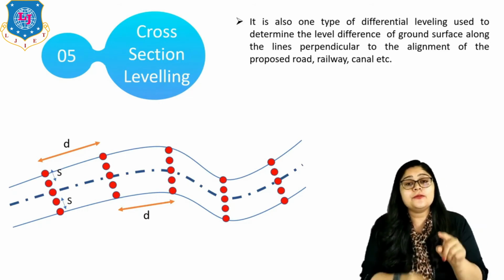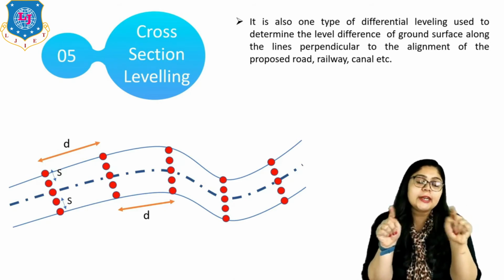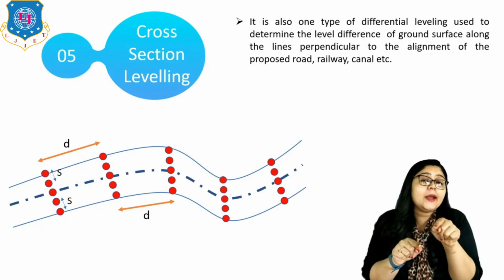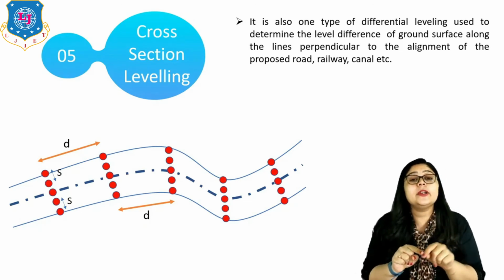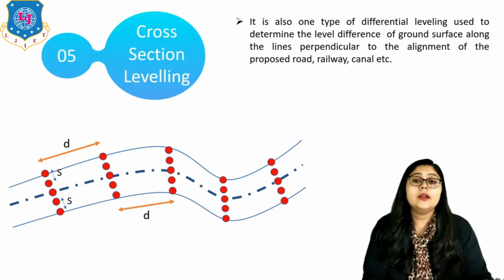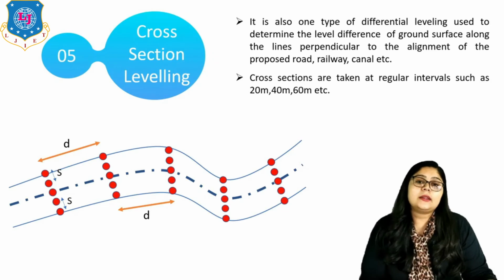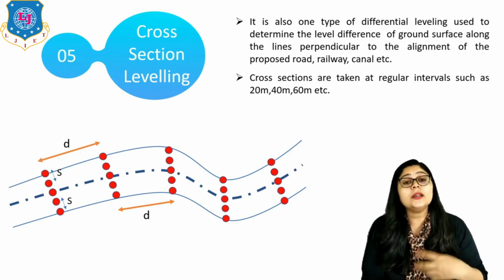So here you can see when I have to provide the slope to the road surface for better drainage condition, at that time I have to identify the level difference between all these points in terms of cross section, right? So this is used when the intervals are there for the cross section. So what are the intervals?